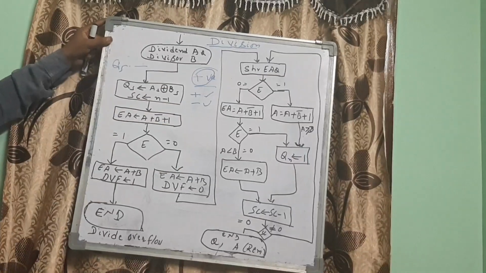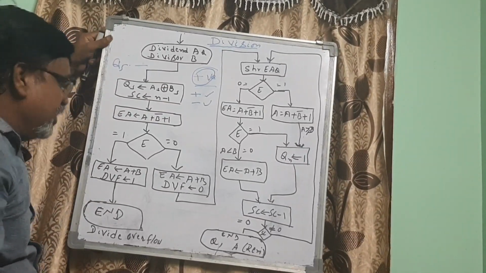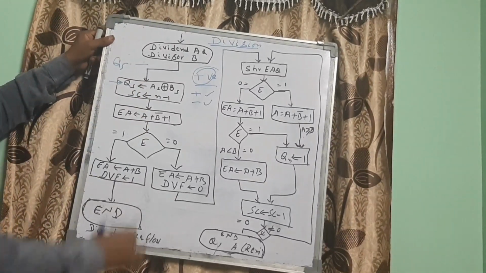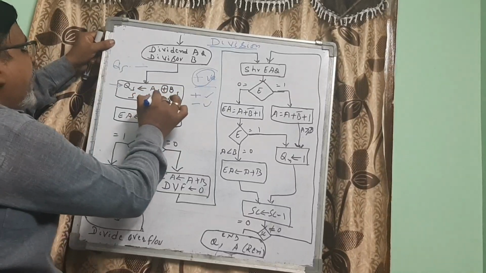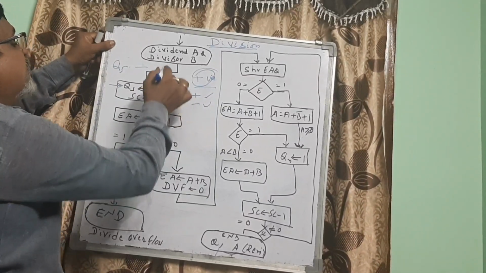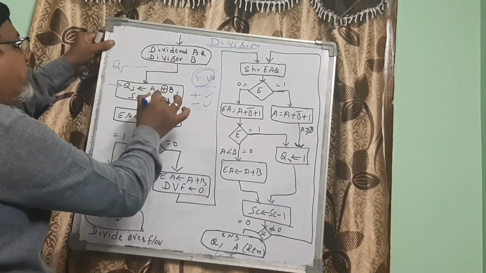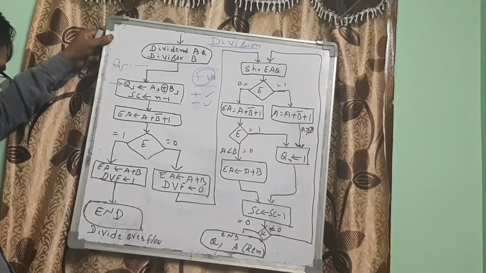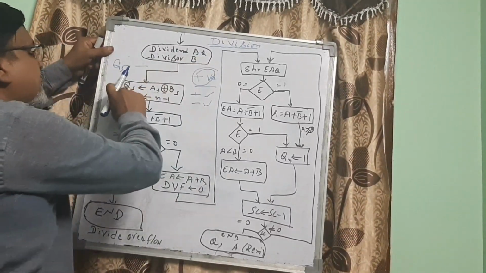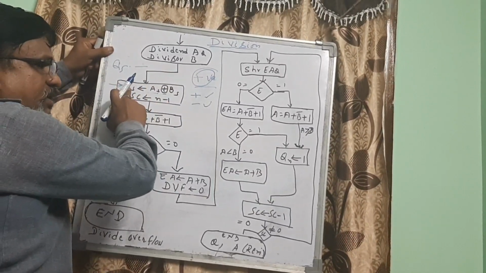Before we perform the actual division operation, let us set the sign of the quotient. You know very well the sign is stored: AS means the sign of A, that is the dividend, and the sign of B is the divisor. When you perform the XOR operation, if both are 1, 1, you will get 0.